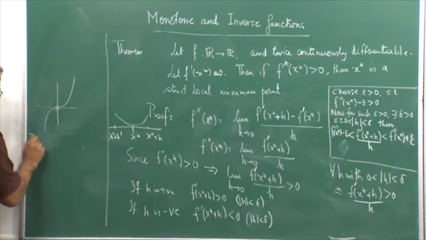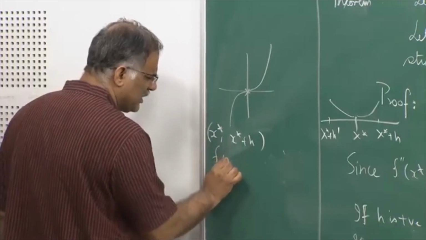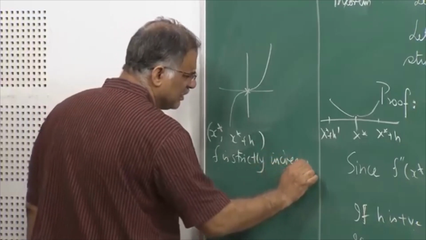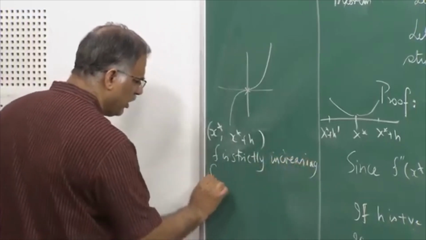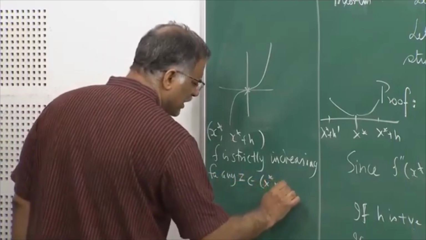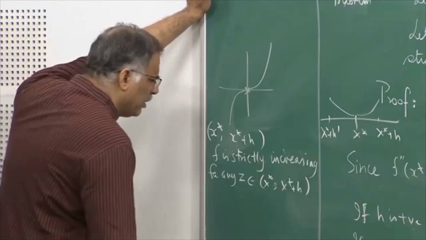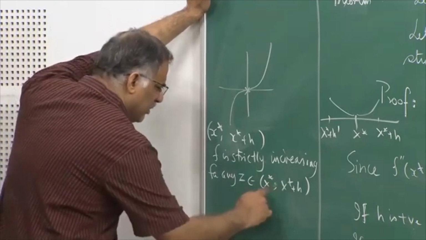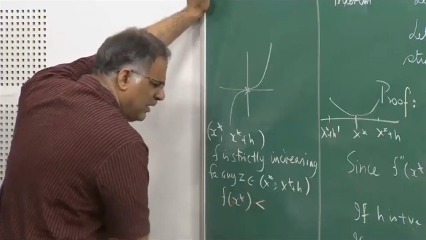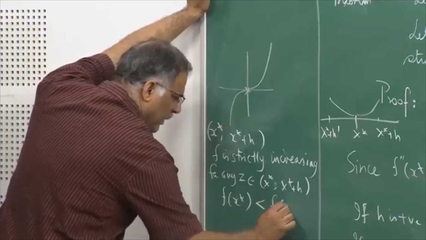So in this interval, f is strictly increasing, and so for any z in x star to x star plus h, I will have f of x star strictly less than f of z.